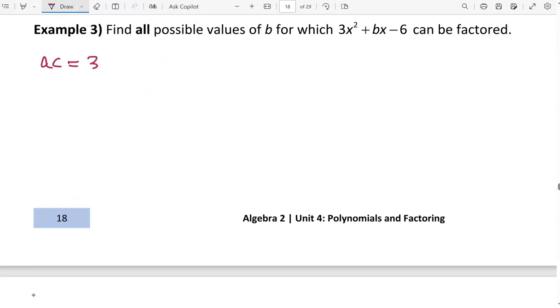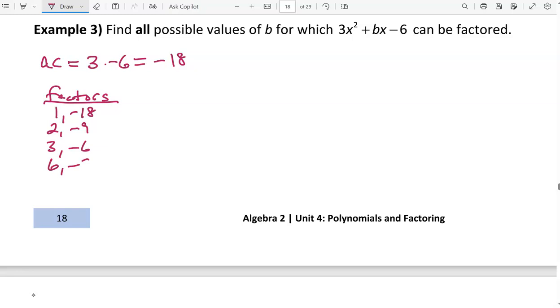A times c is 3 times negative 6, which is negative 18. Let's make a list of all possible pairs of factors here. And our pairs of factors would be 1 and negative 18, 2 and negative 9, 3 and negative 6, 6 and negative 3, and would that be 9 and negative 2, and finally positive 18 and negative 1.